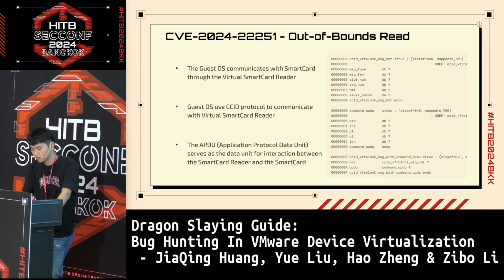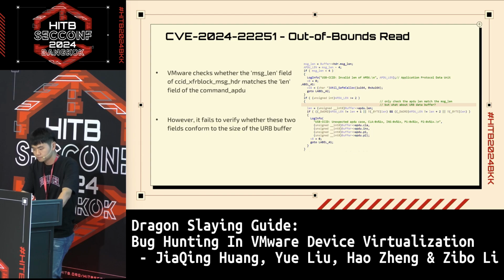The APDU serves as the payload for interaction between the smart card reader and the smart card. Their relationship is similar to the host controller and the USB device. You may already see that both data structures have a length field. Such a length field always needs to be carefully handled.